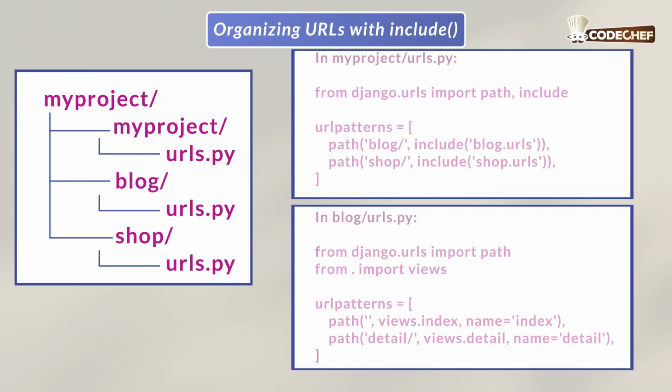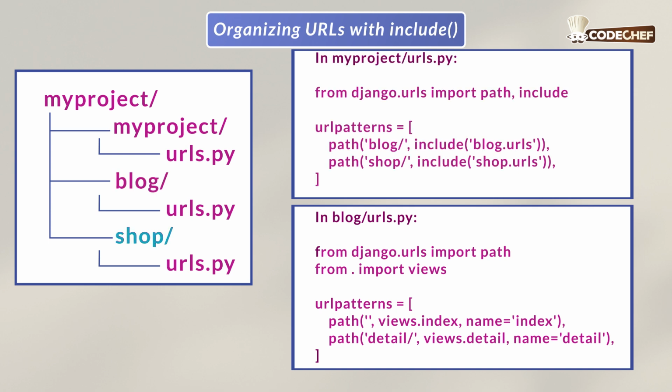Let's take an example here. You can see that we have an example project here called my project, and under this my project we have two apps. One is called the blog app, another one is called the shop app, and all of them have their own urls.py file: urls.py for the main project and urls.py for the respective apps.